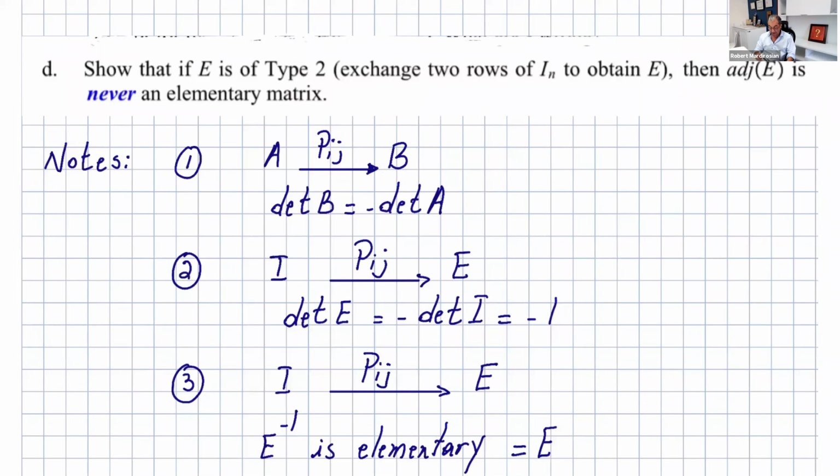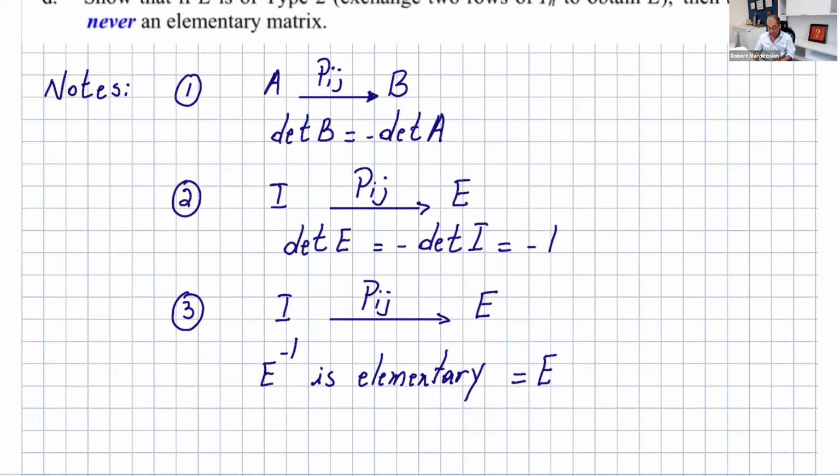Remember this note, all of them actually. So if you have I and you permute 2 rows of I, generally it could be In, then you get E. The determinant of E is minus the determinant of I, but the determinant of I we know is 1, so it's going to be negative 1.